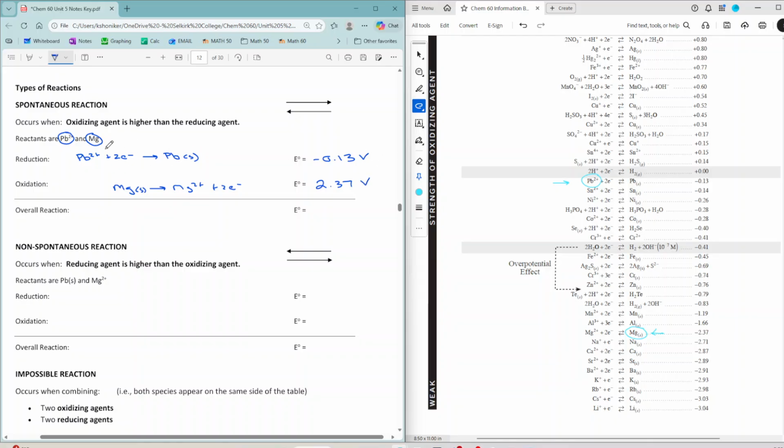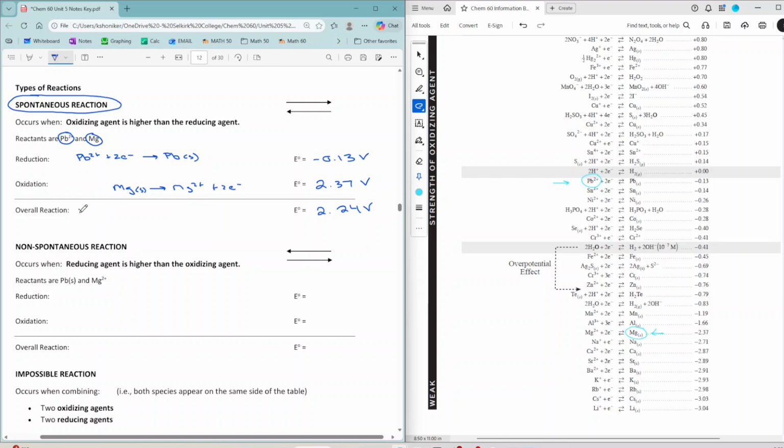So even though this lead ion reduction had a negative potential, the magnesium has such a strength as a reducing agent. It has such a tendency to be oxidized that it sort of overrides it in a way. And my overall potential is 2.37 plus negative 0.13, which gives me an overall potential of 2.24, which means that this is a spontaneous reaction.